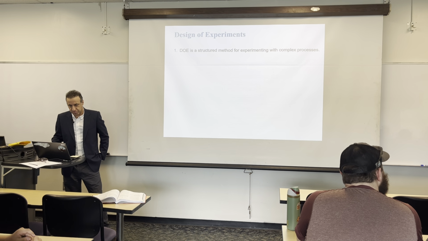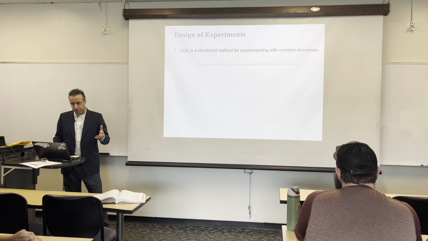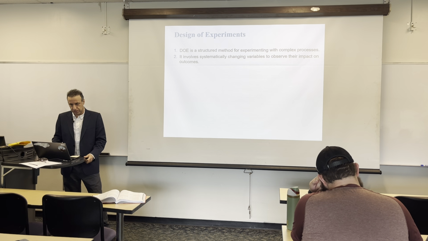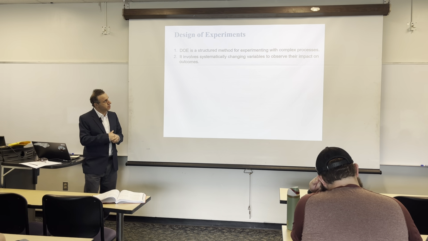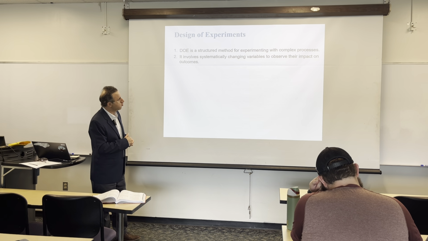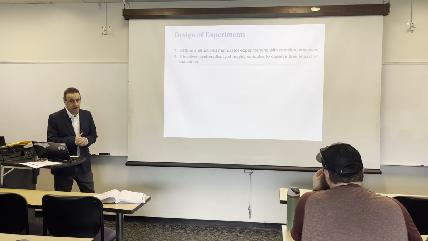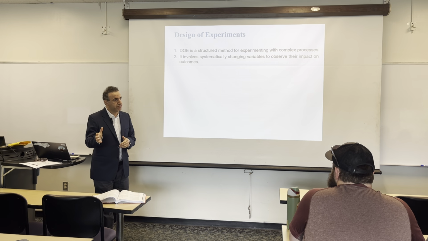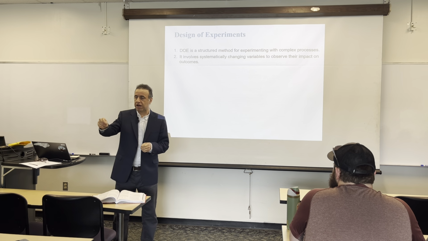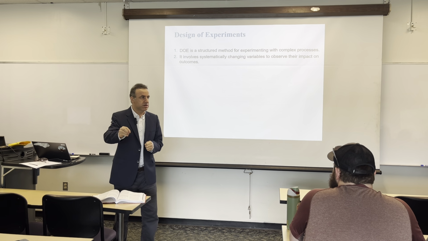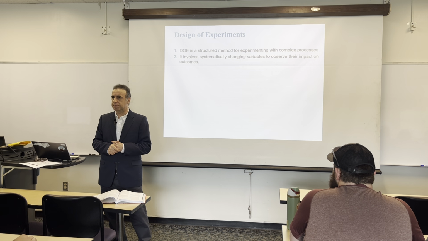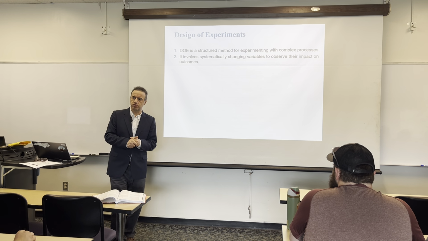So design of experiment, DOE, is a method for experimenting with complex processes. It systematically changes variables to see their impact on the outcome. Outcome can be different, for example, for that heat treatment. What was the outcome? You tested. What was the course you took?